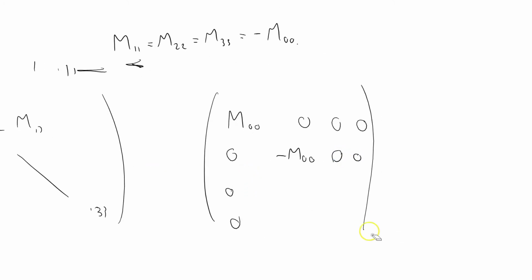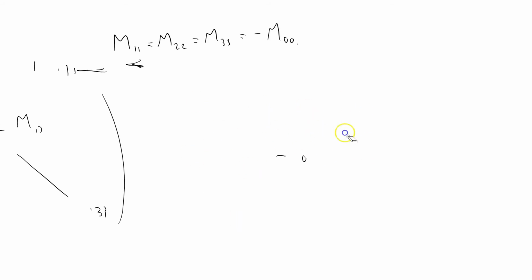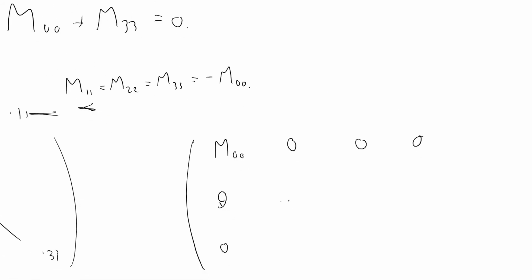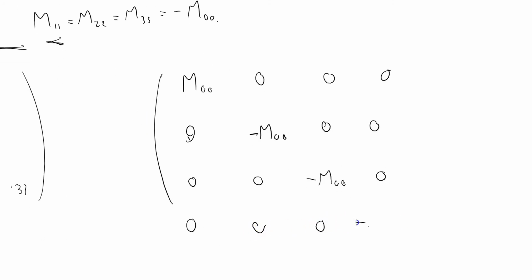Let's do this again, it's going to drive me nuts. M00, 0, 0, 0, then this term here is M11, and from this line here, I know that's equal to minus M00, 0, 0, 0, 0, minus M00, 0, 0, 0, 0, minus M00. Whew! So that's my matrix M.